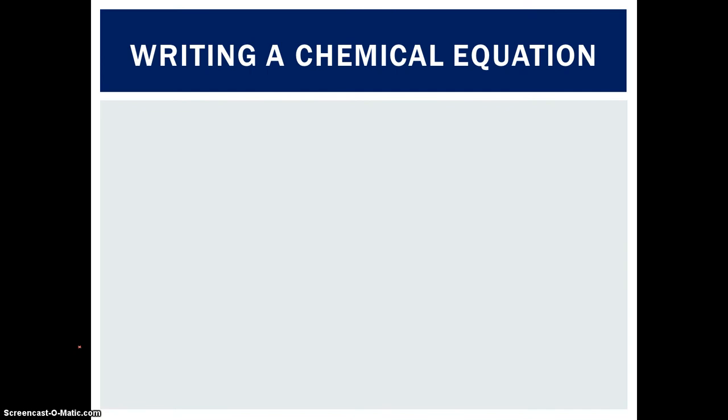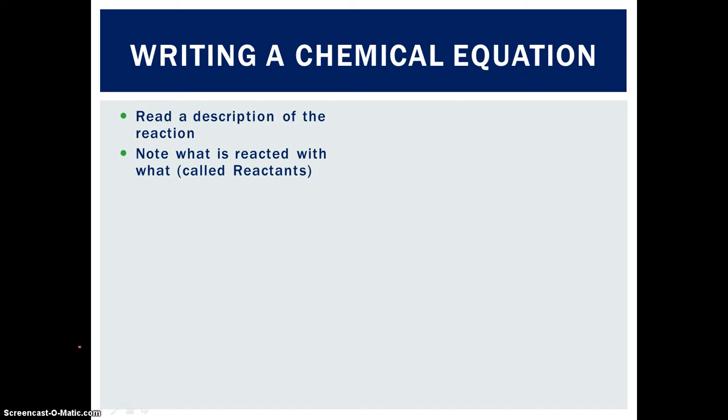So let's go through the steps of writing a chemical equation. You'll read a description of the reaction in words. There'll be the names of the compounds and a description of how they're reacting together. Note what is being reacted with what.